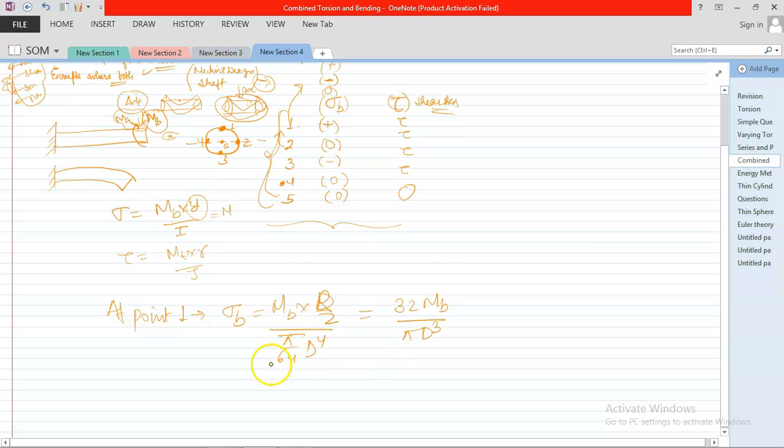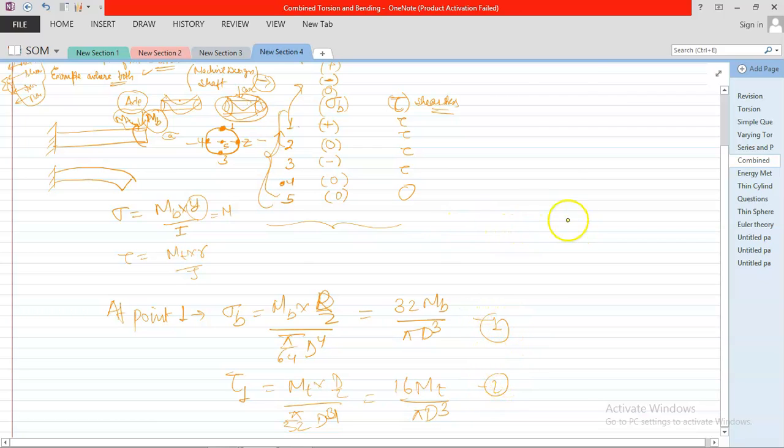Is it okay? Now at point 1, what is the shear stress? Tau at point 1 is MT into d by 2 divided by pi by 32 d raised to the power 4. It is 16 MT divided by pi d cube. This is your equation 1 and this is your equation 2.